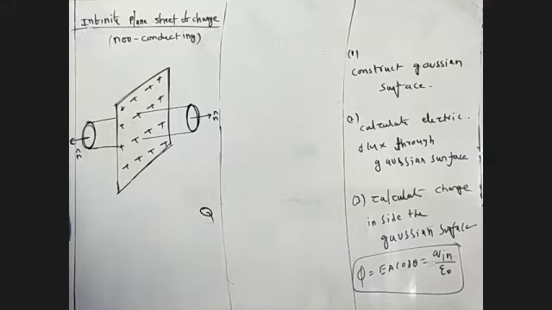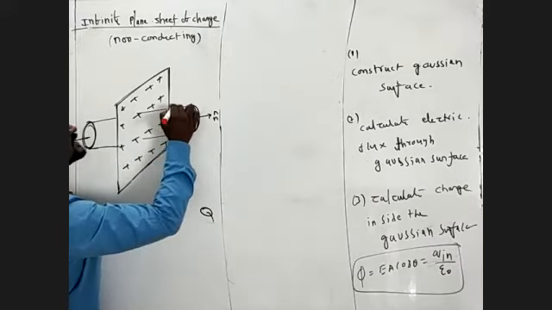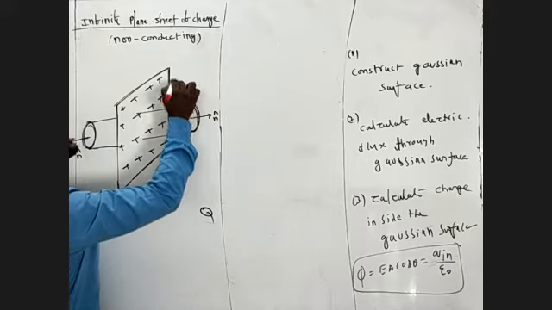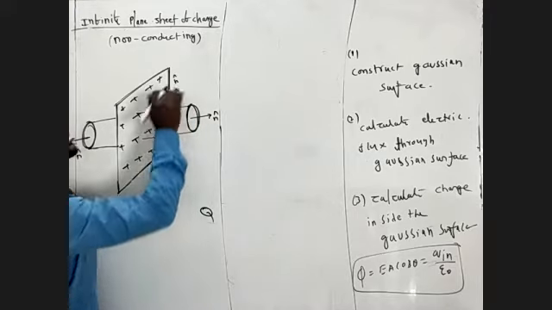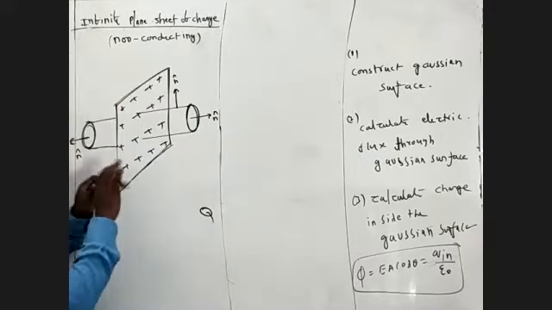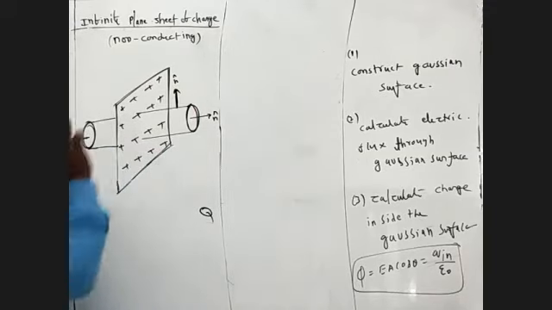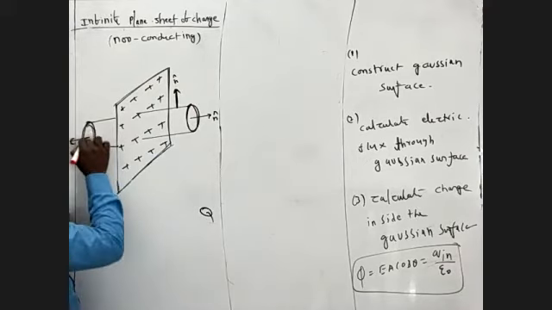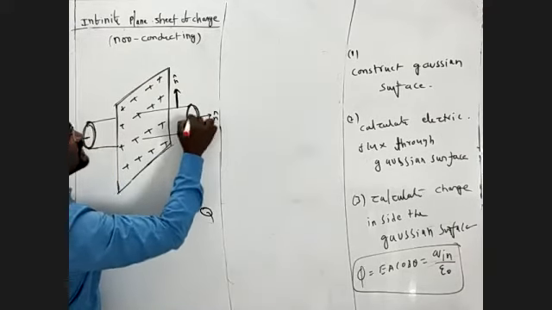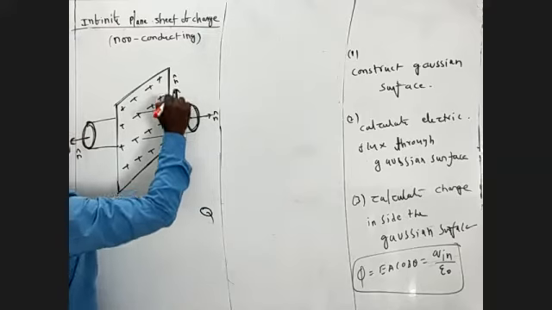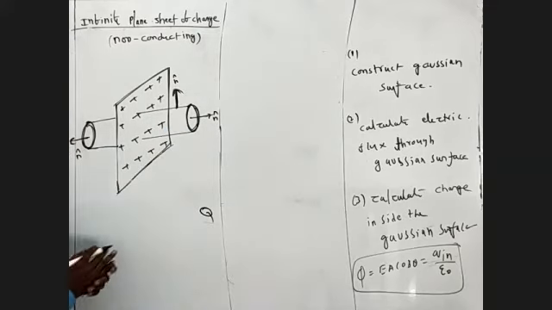Here it is the upward direction. This is the cylindrical curved surface, and the normal is again in the outward direction. This is the direction of the normal, or area vector, or n cap.